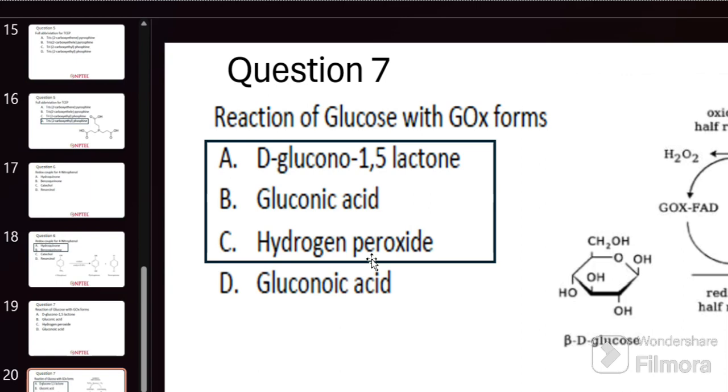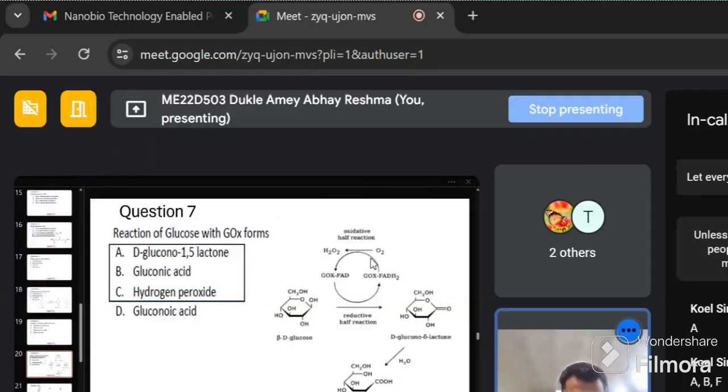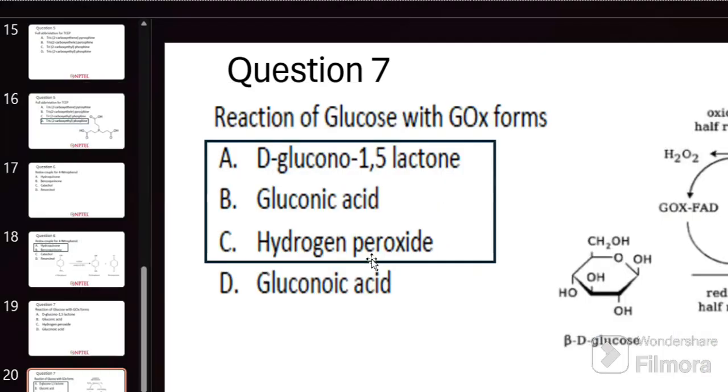So this is how the reaction actually occurs. You can see the reaction. Any doubts, any questions?